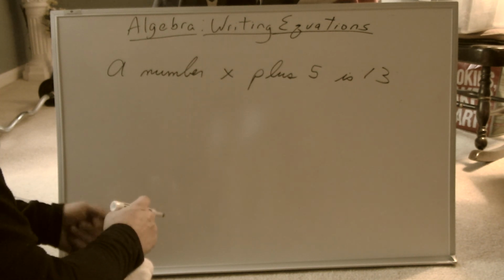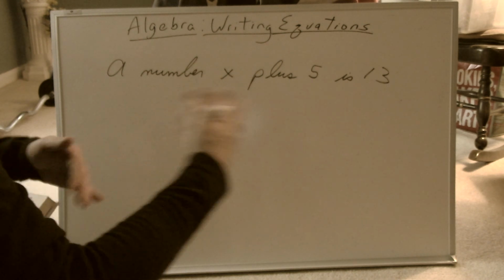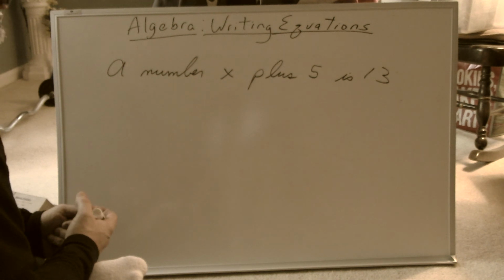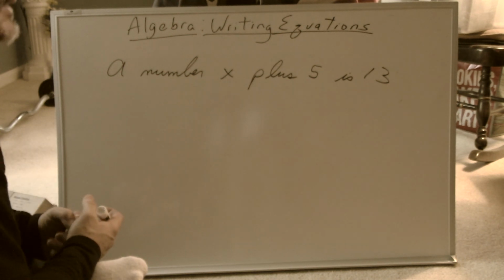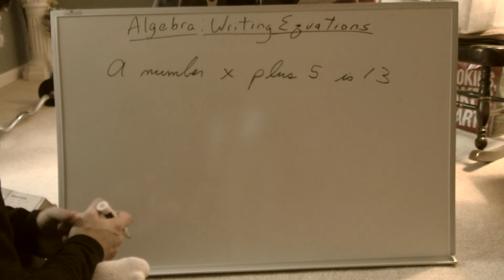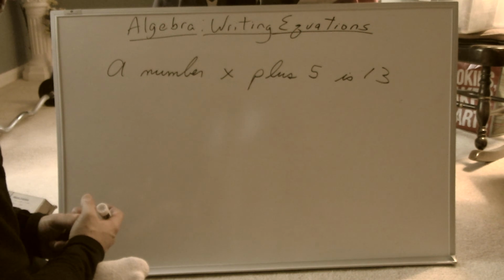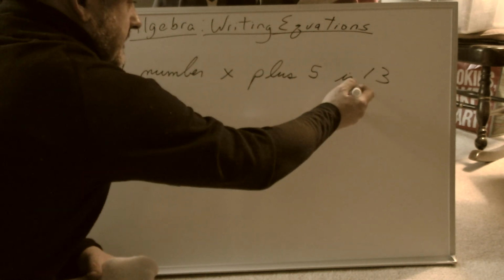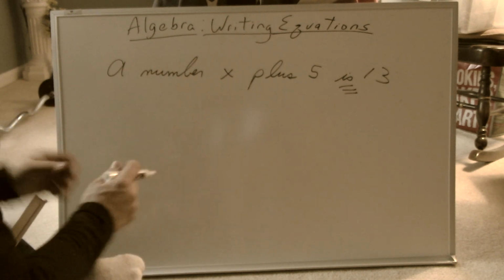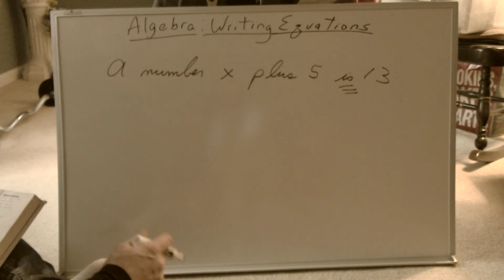Difference means subtraction. Greater than can also indicate subtraction. Product is multiply. Quotient is divide. Now, here's a new word for you: is. The word is, in a verbal expression, means equal. It means you put an equal sign.